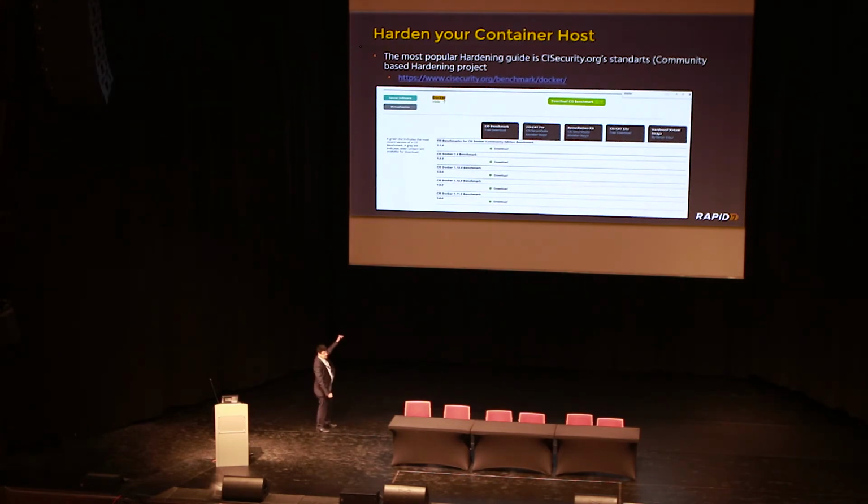Those are per version of Docker itself. So if you are using 1.6, there's one guideline. If you are using 1.13, there's another guideline. Things like that. There are actually five different versions, guidelines for different versions of Docker.